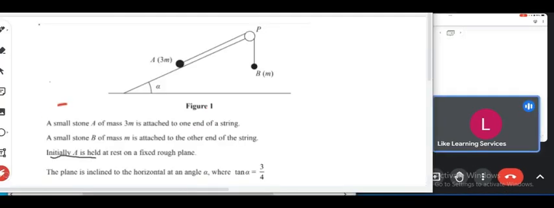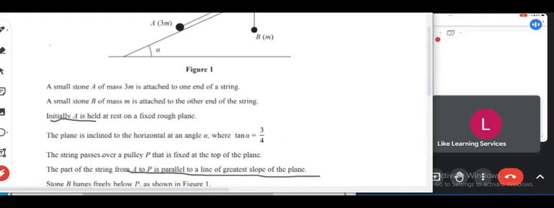So this one says a stone A of mass 3m is attached to one end of a string. A small stone B of mass m is attached to the other end of the string. Initially A is held at rest on a fixed plane. The plane is inclined to the horizontal at an angle alpha, and tan alpha is 3/4.